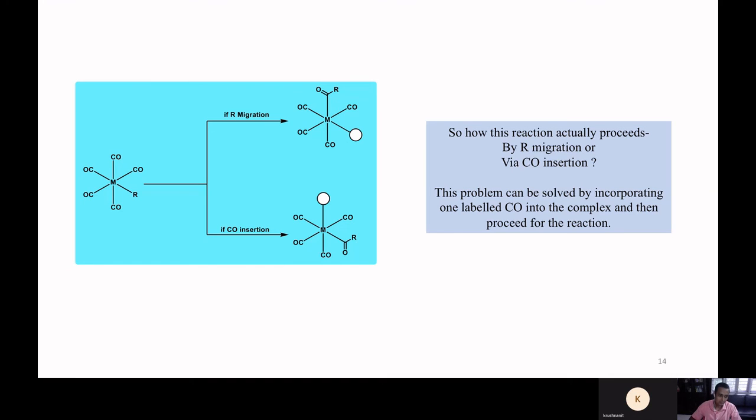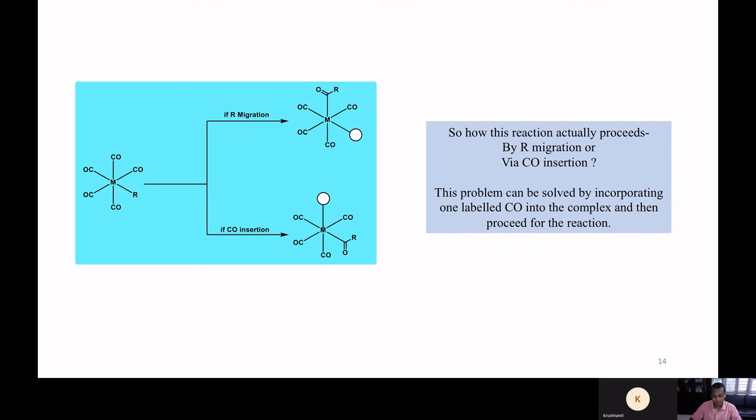Is the question clear? The R group, the alkyl group, is it migrating or is CO inserting? Whether I am going to you or you are coming to me. Which is constant, sitting idle, while the other guy is moving? Is it similar to the sun rotating around the earth or the earth rotating around the sun?